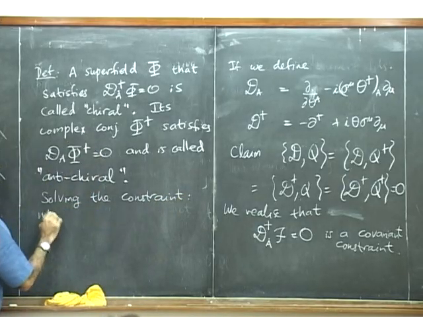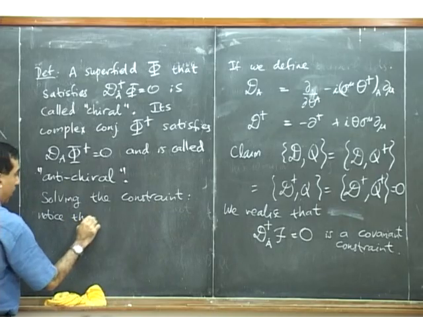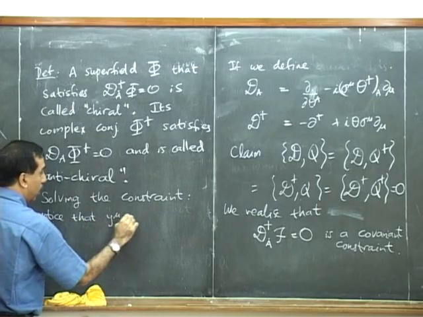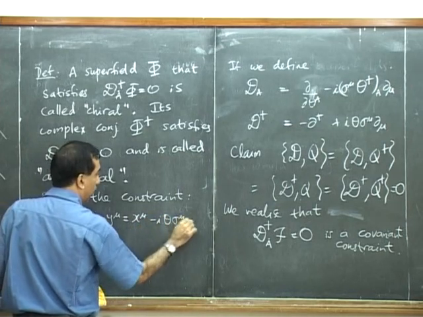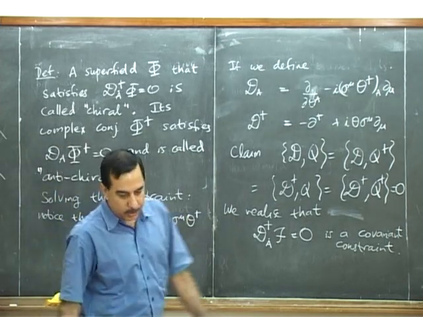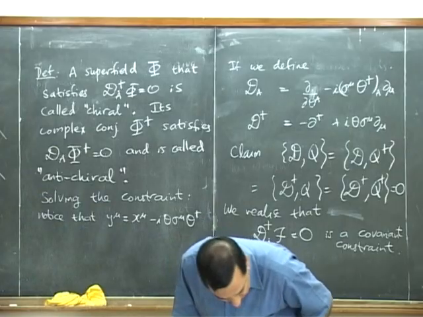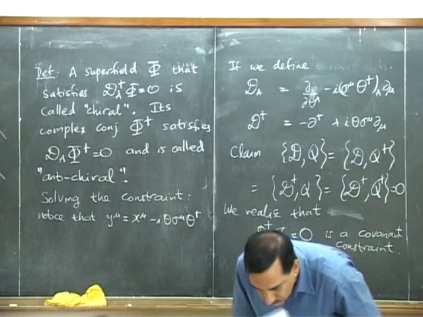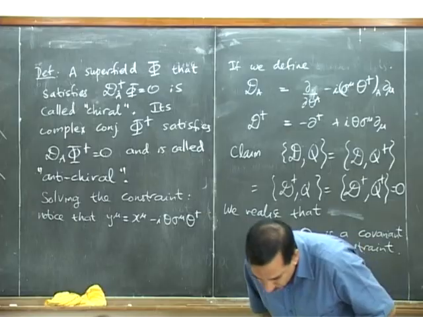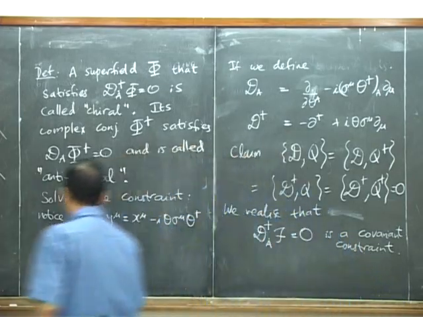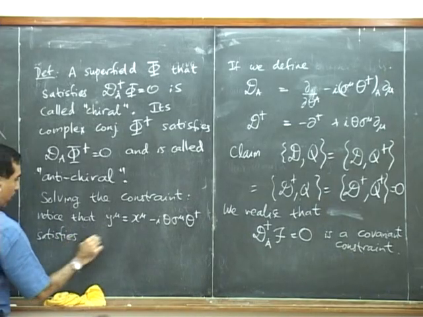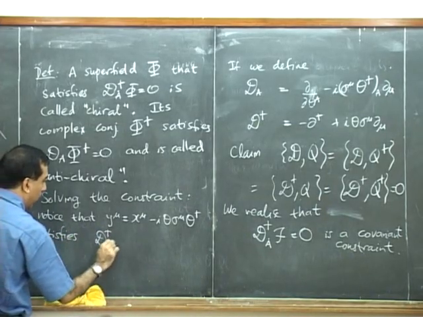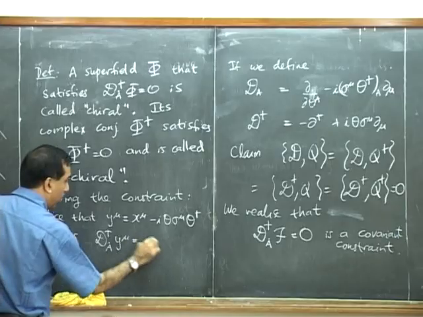We notice that a new shifted coordinate y mu, which is x mu minus I theta sigma mu theta dagger, satisfies D dagger A dot of y mu is 0.